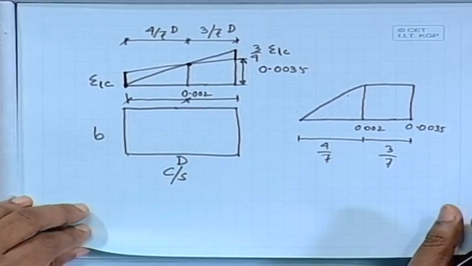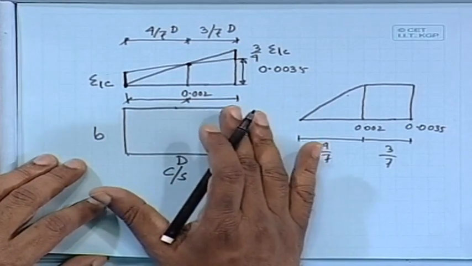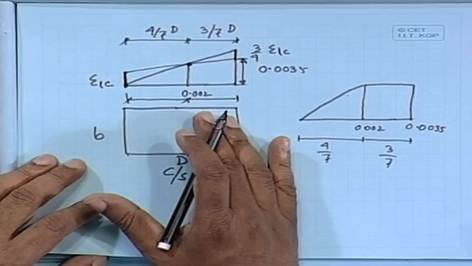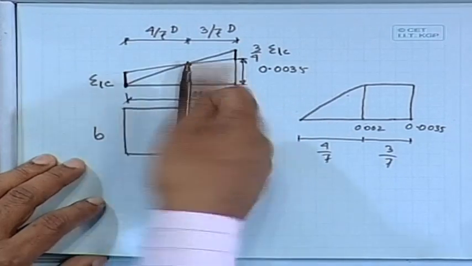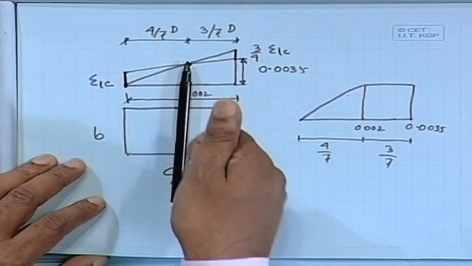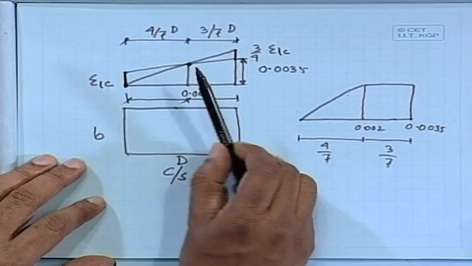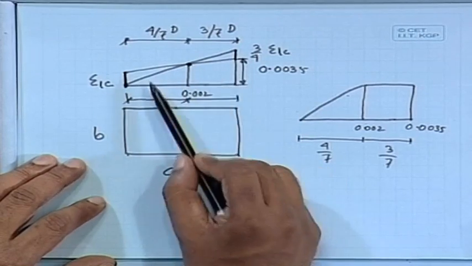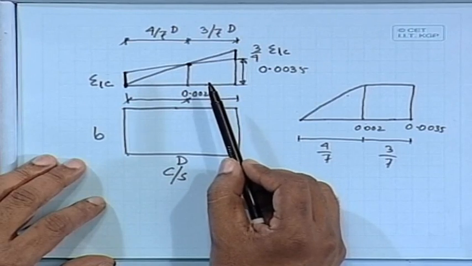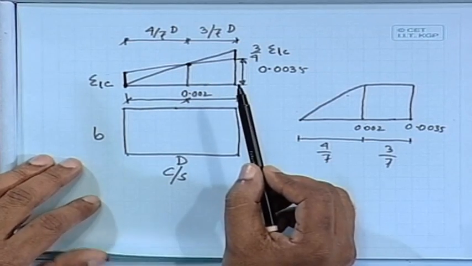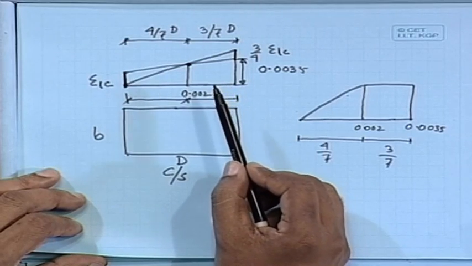Why is it so important? It is important because of uniaxial bending. In uniaxial bending, the only moment is acting about this axis, and the column is also axially loaded. From this strain diagram as well as from the stress, we can find out the capacity of that column.